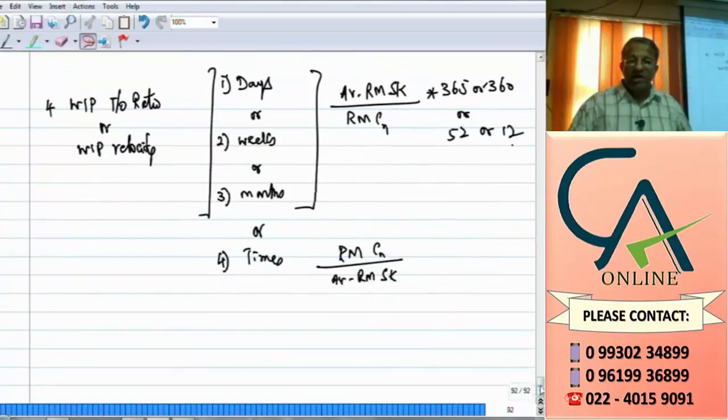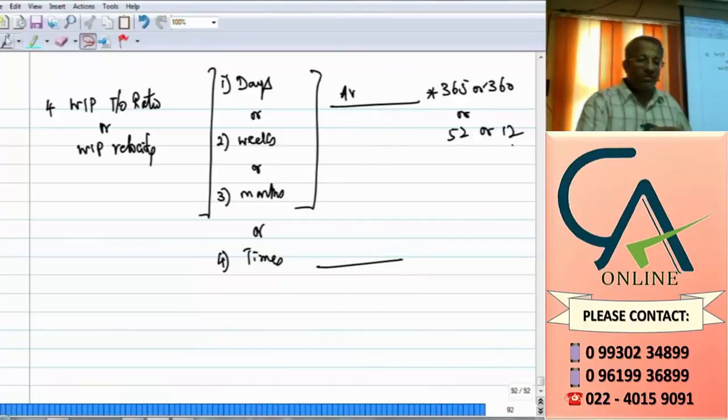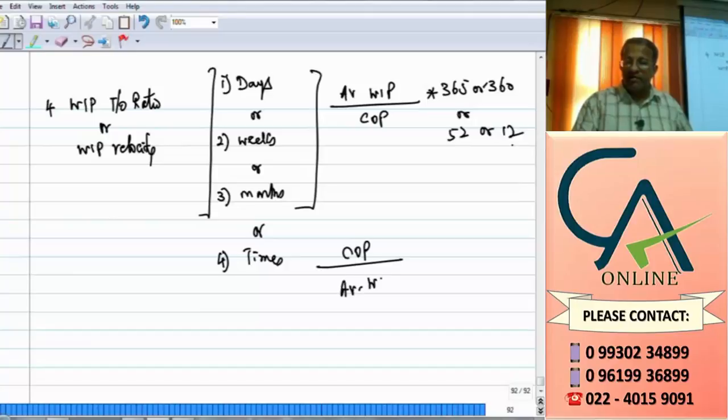Here, I will not use average raw material stock. Instead it is average work in progress divided by cost of production, and for times, cost of production divided by average WIP.